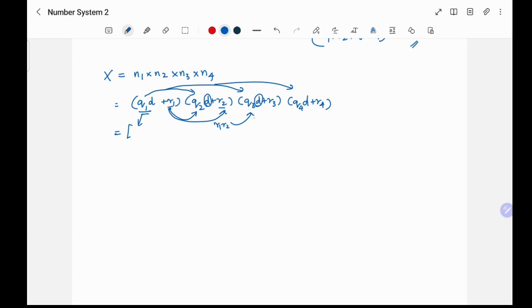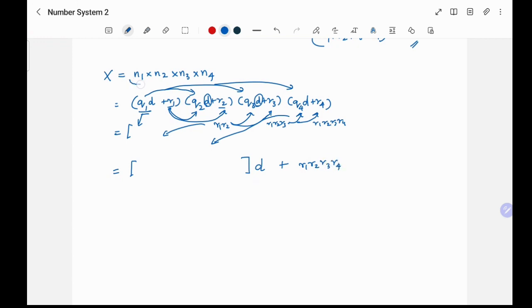Again d is there, so this term will again be present here. So we have r3 here, so we'll have r1, r2, r3. Now when we multiply with this, d is present, so this will be included here. And then we have r1, r2, r3 and r4. So finally we get a bunch of terms which are divisible by d plus r1, r2, r3, r4.